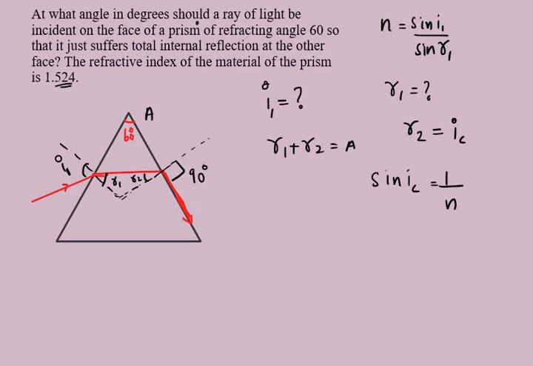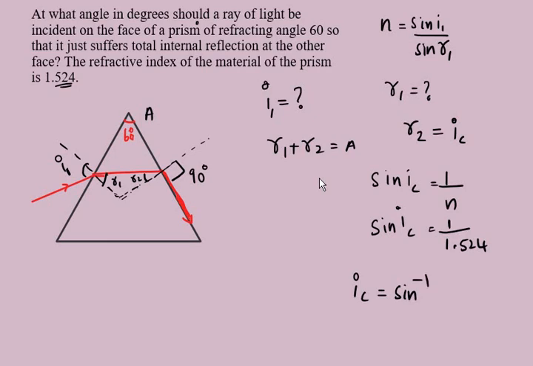From this, I can find the value of R2. So let us substitute: sin IC is equal to 1 by 1.524. So IC will be equal to sin inverse of 1 by 1.524.